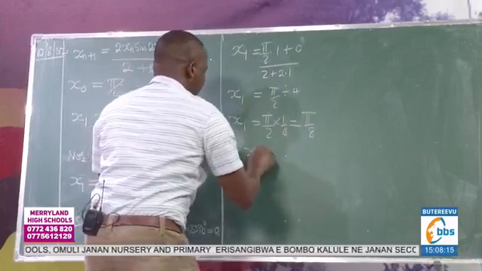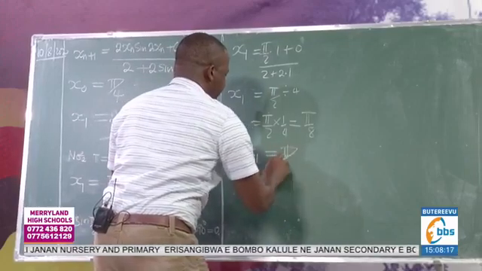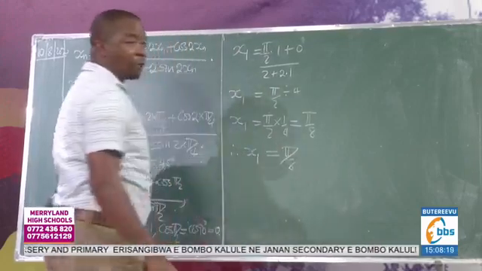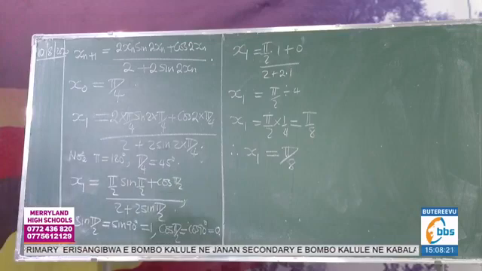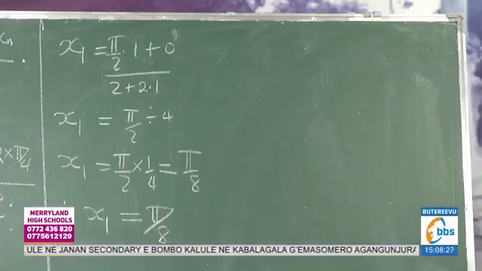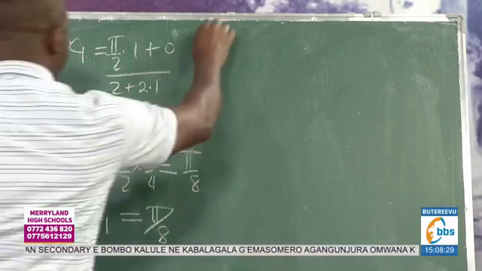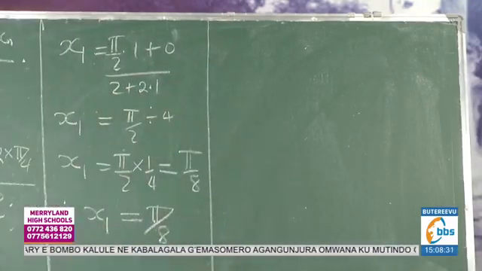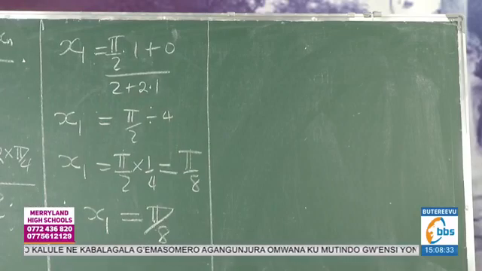So those that tried should have got that better approximation as pi over 8, as was expected to be shown.